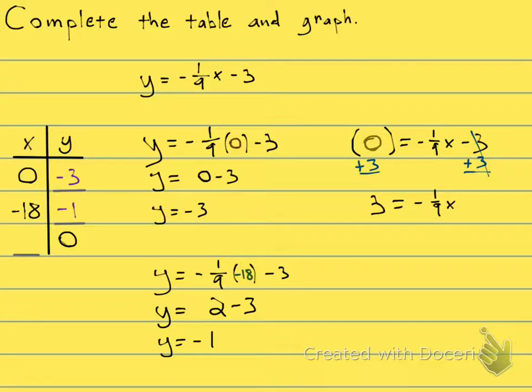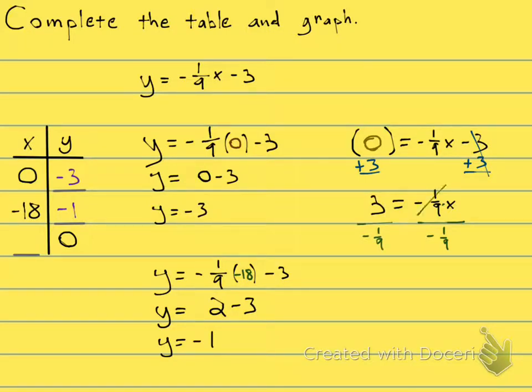Now one more step to get this x by himself. He's got a -1/9 that is multiplying times that x. So to get rid of that, I am going to divide both sides by -1/9.